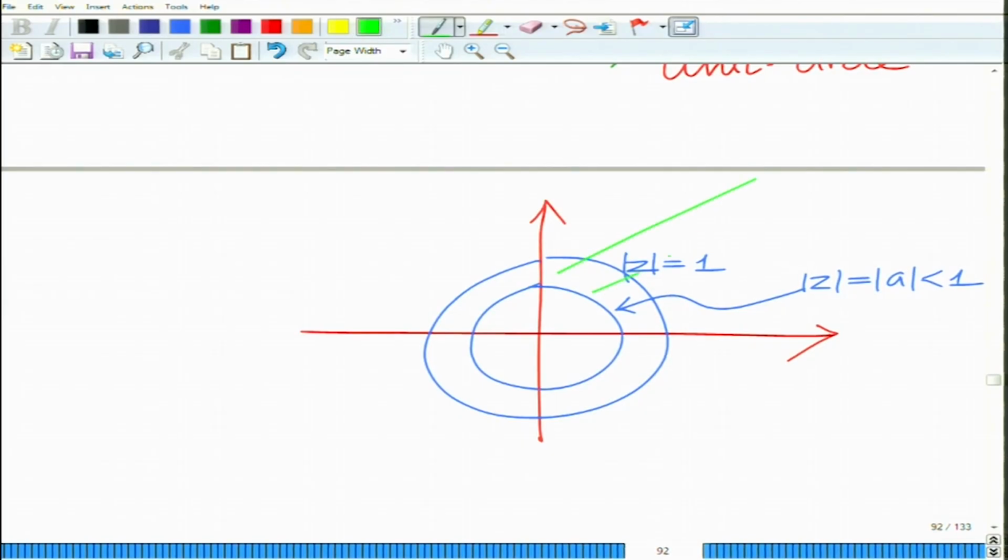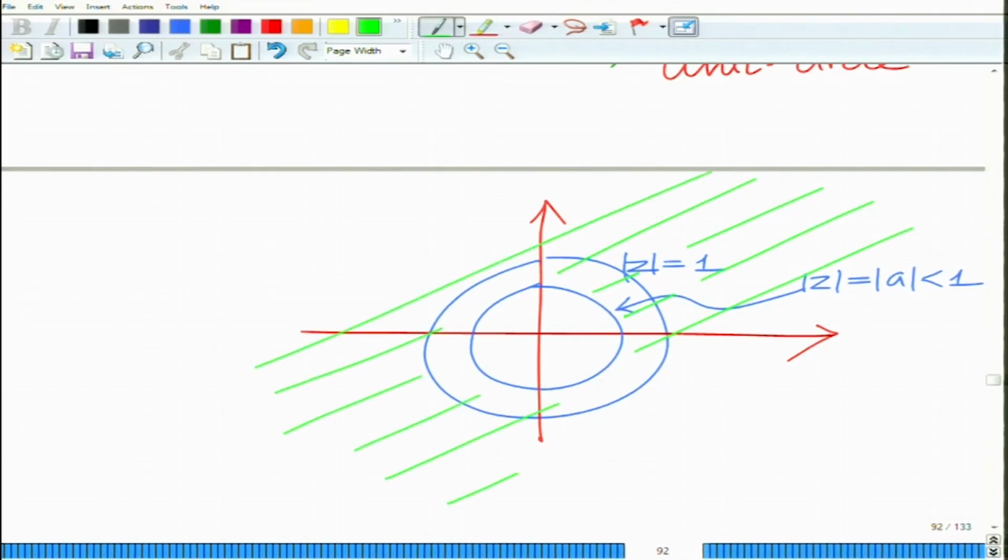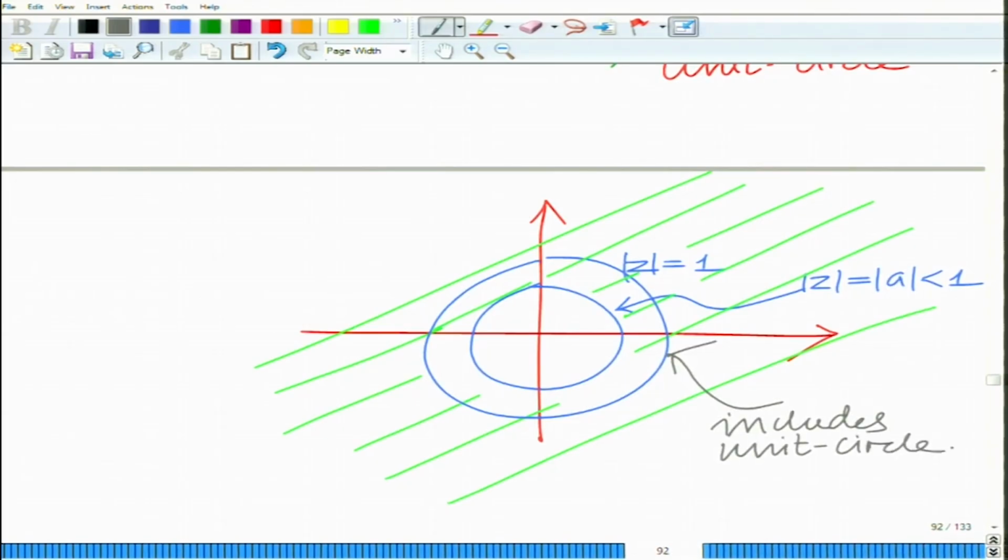which is everything outside the circle, and you can see it includes the unit circle.